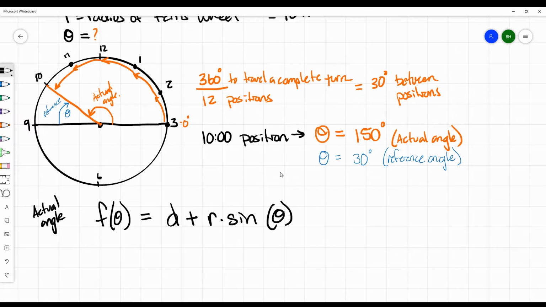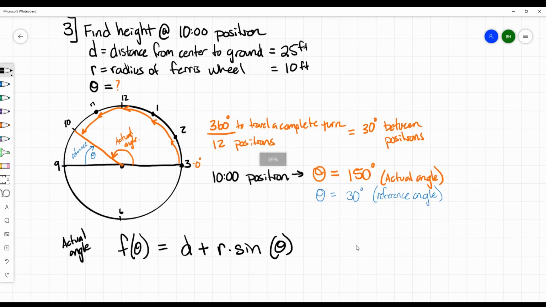And in this problem, because I'm dealing with my actual angles, I'm going to be plugging in 150 to represent my actual angle. So here, if I go to start the problem, I'm going to get f of 150. That's what our function is going to be evaluated at, equals our d value is 25 plus our radius is 10 multiplied with the sine of 150.